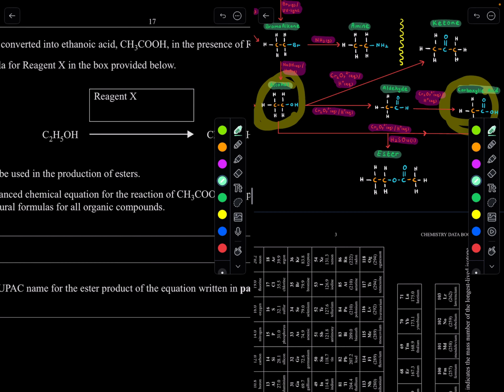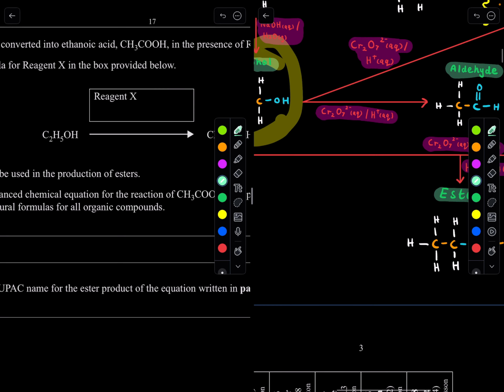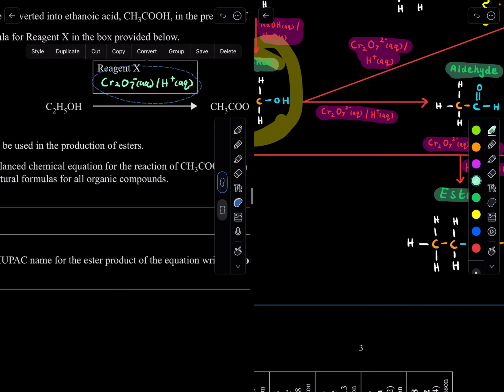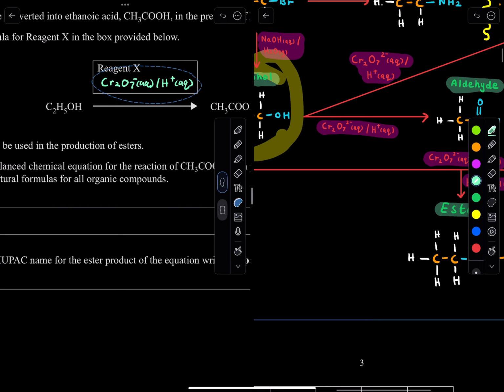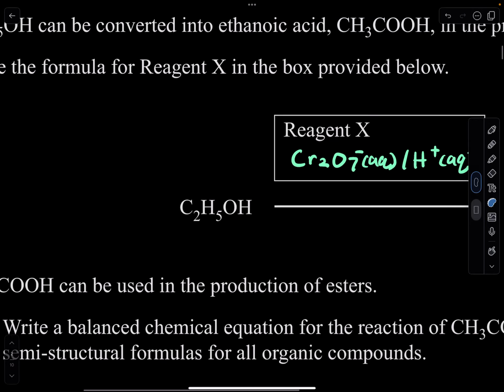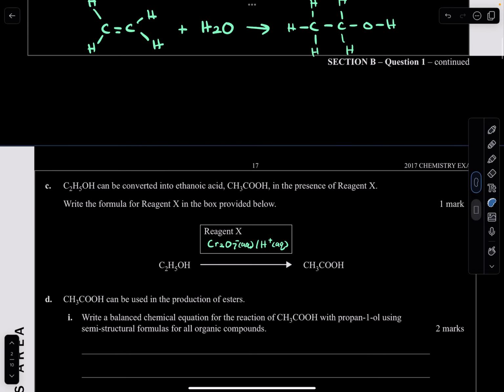That reagent overall is Cr2O7 2- (aq) with H+ (aq). So there we go. Nice and easy to get full marks for that. Just make sure you memorize it. I would absolutely say that. Easy. Is that it?